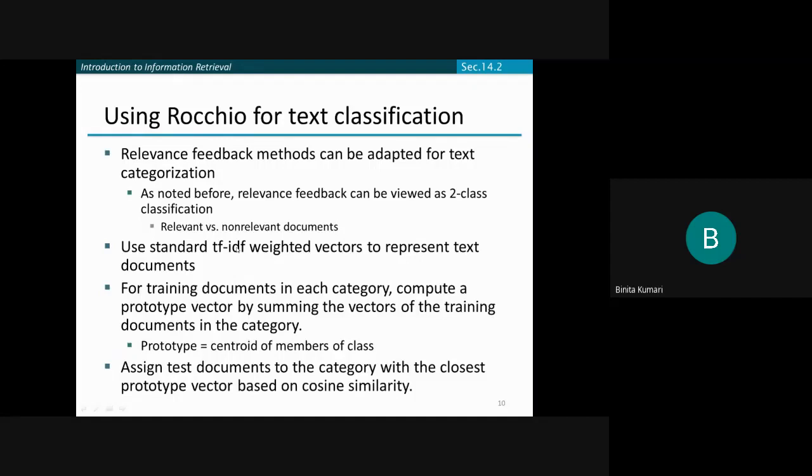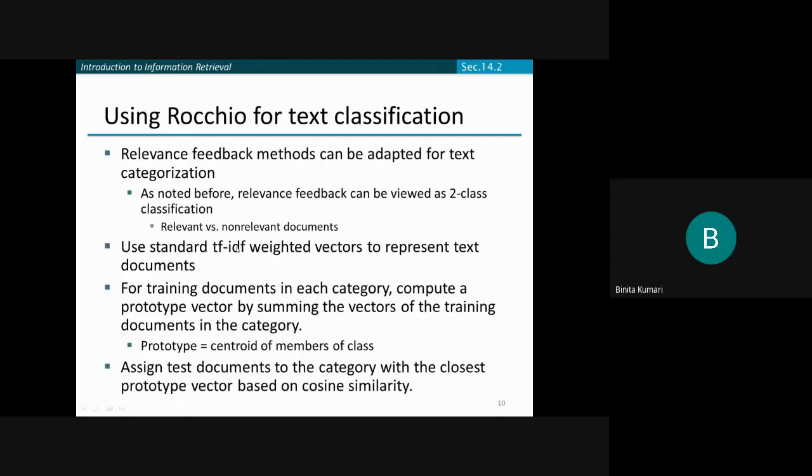Let's discuss the Rocchio algorithm. Now, the Rocchio algorithm we already discussed in the chapter on relevance feedback and query expansion. There, we found the centroid for relevant documents and the centroid for non-relevant documents, where the documents were represented in vector space. Our motive was to find Q optimal.